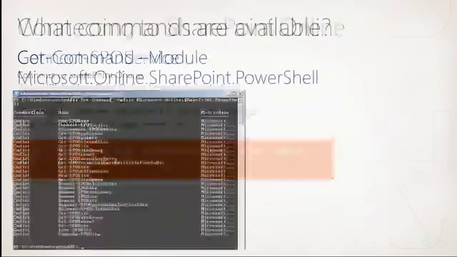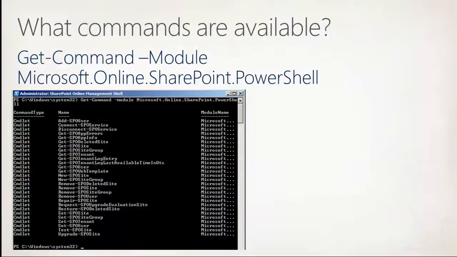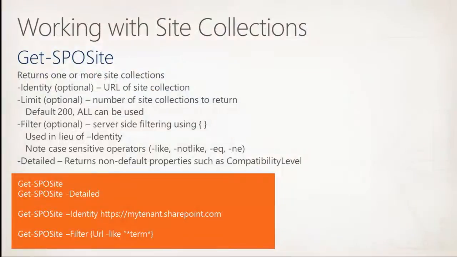What commandlets are available? Quite a few. So there's things to deal with sites, deal with users and groups, and upgrade site collections as well. Because just like on premises and how we upgraded our site collection earlier, you can do the same thing in SPO. To work with site collections, use Get-SPOSite. And one thing you need to know about this is, by default, it doesn't return everything that you might need.